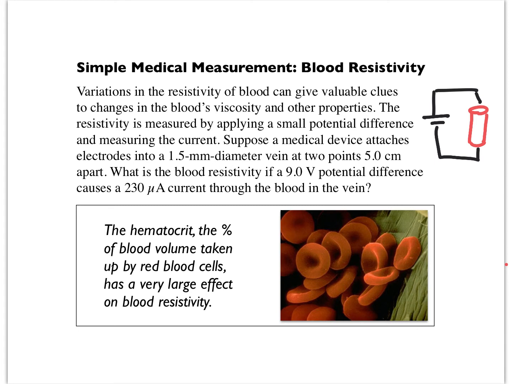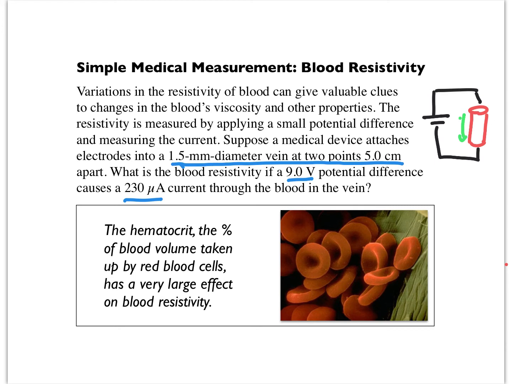Okay, so we take a segment of the blood vessel. We attach electrodes into a 1.5 millimeter diameter vein at 2.5 centimeters apart. And the question is, what is the resistivity if a 9-volt potential difference causes a 230 microamp current through the blood in the vein? So we consider the case right here.